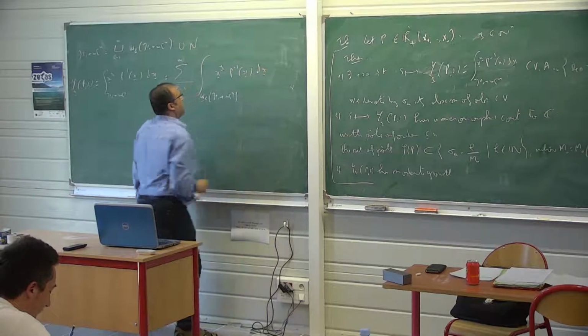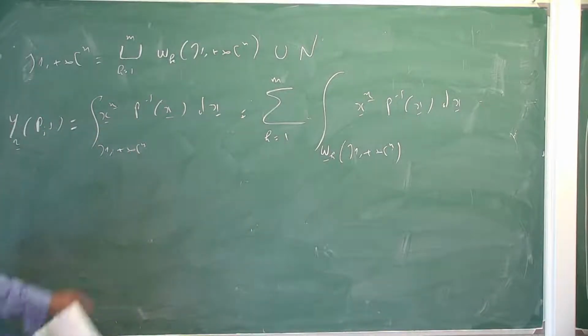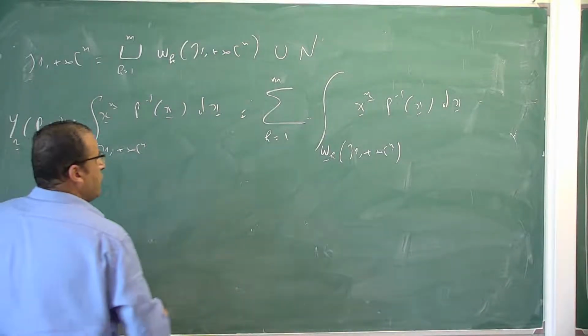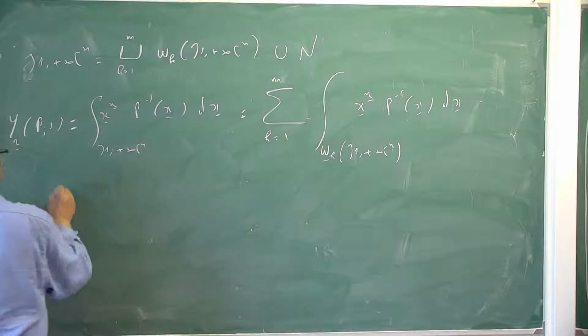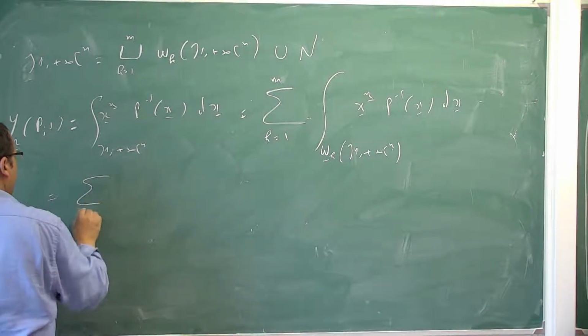You deduce this formula by using this decomposition, and then you use your transform omega k to rewrite this in this form.